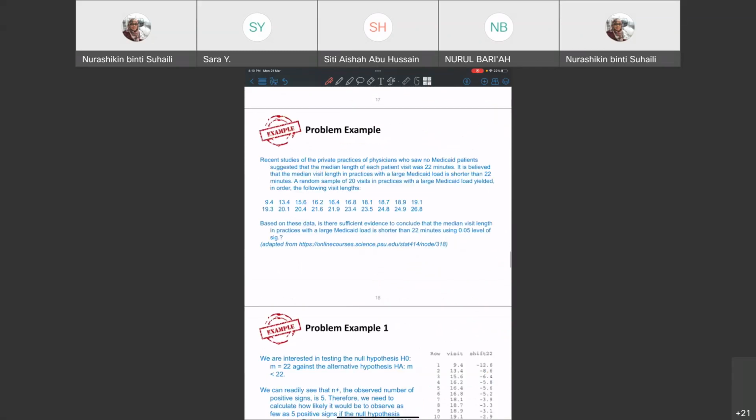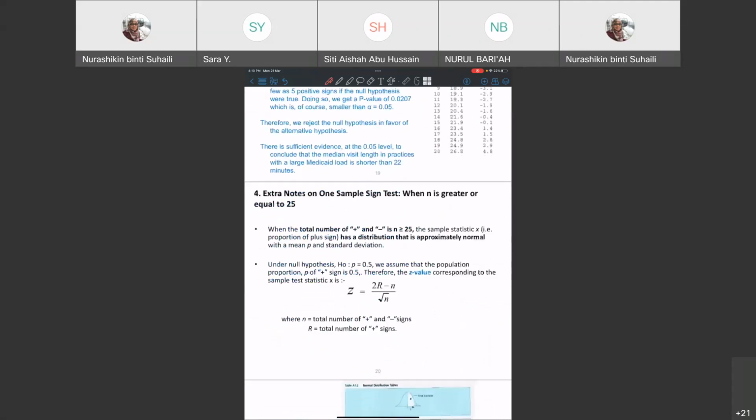But what happens if let's say n is greater or equal to 25? It means that the number is considered high. So for that situation, we have to approximate the distribution to be normal. That is what has been ruled out by the statisticians.